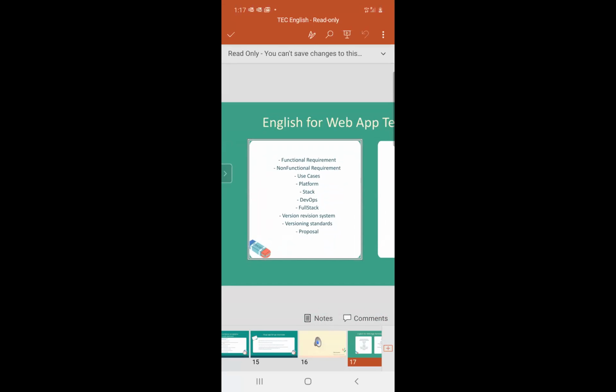What's a version revision system? Version revision system نحن اشتغلنا ب a similar system which is Git. So it's a system that allows us to keep monitoring the state of the code من أول ما نبلش شغل لحديت ما نسلم.